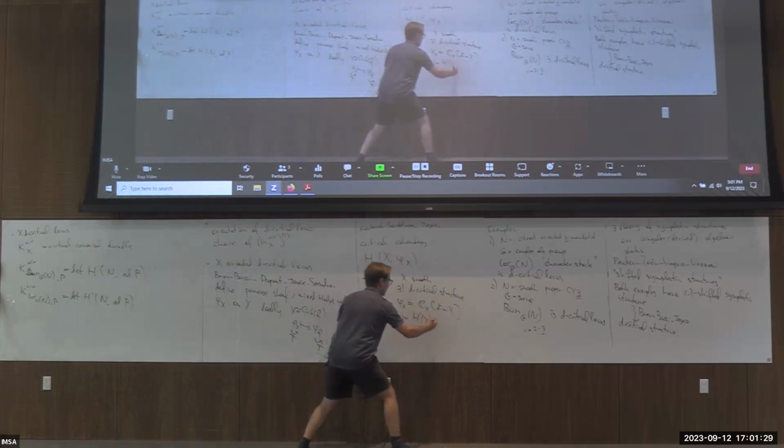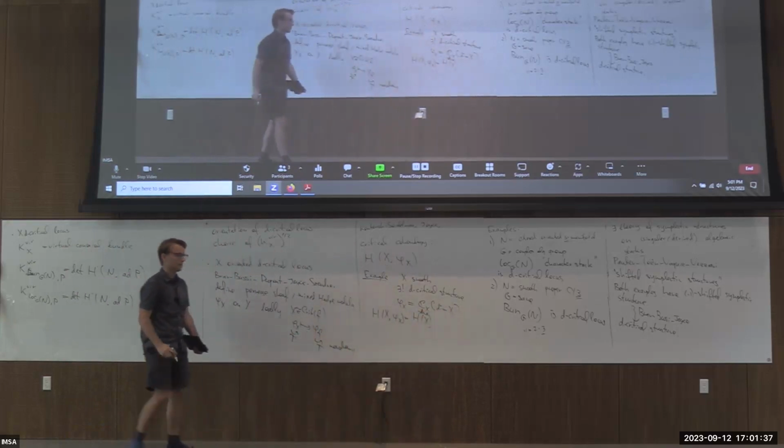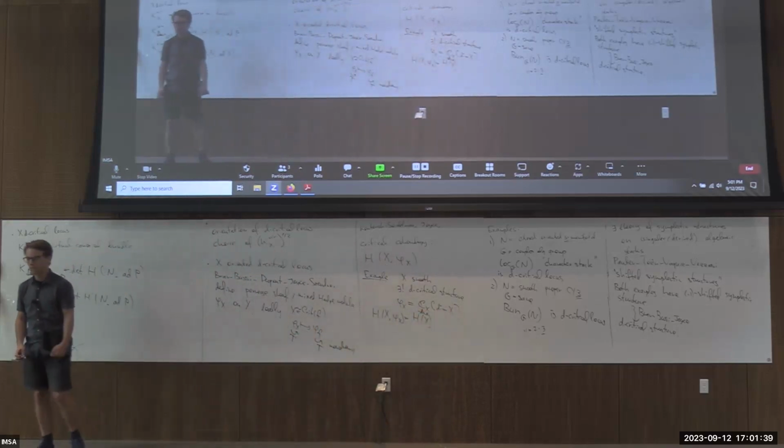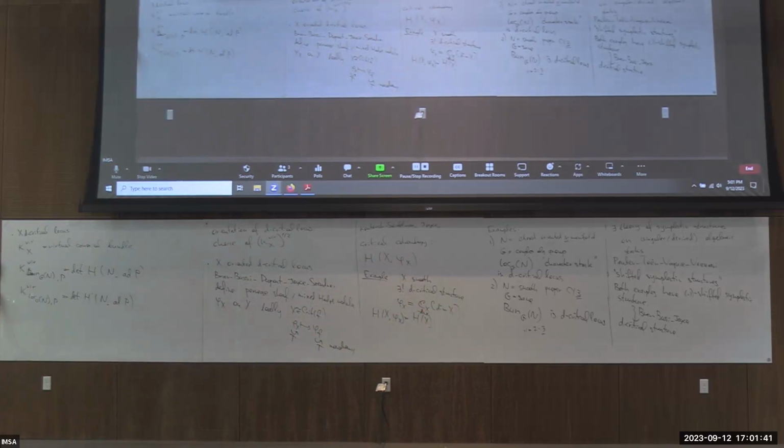That's a bit tricky here. So what if X is smooth, but it has no multiplicity?